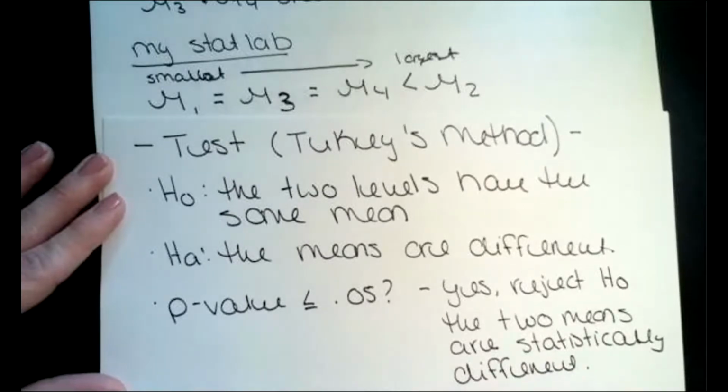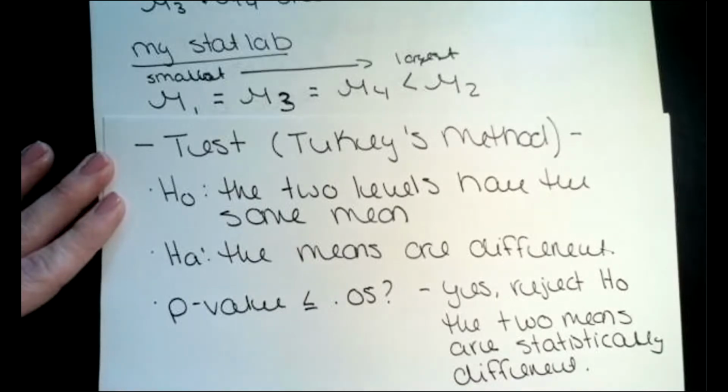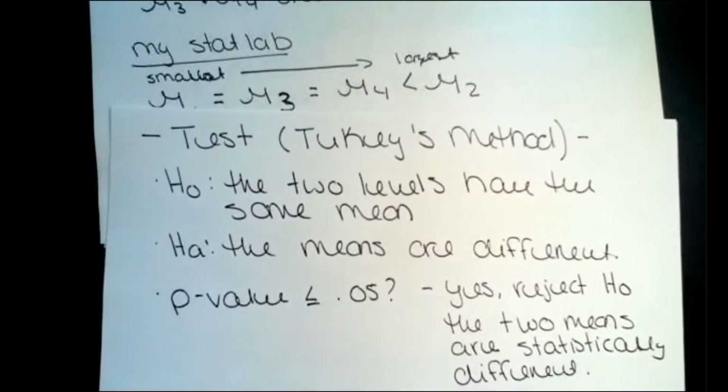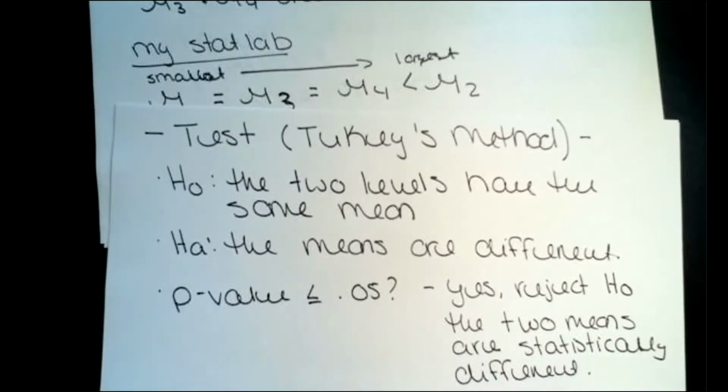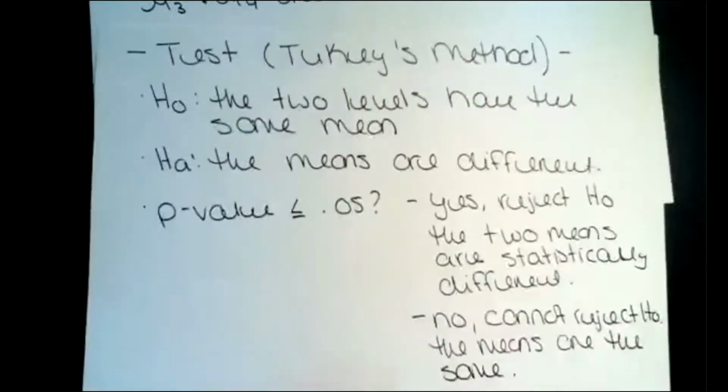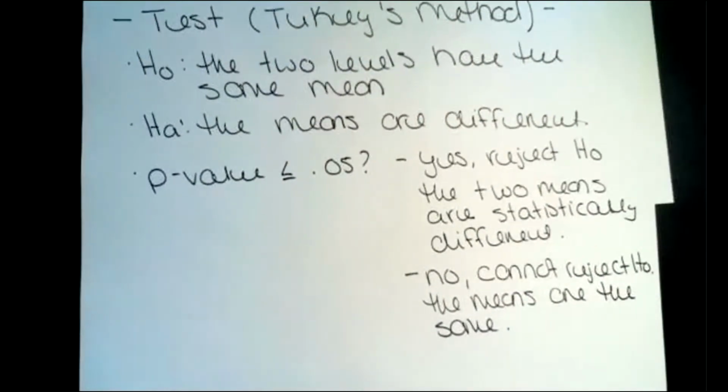If you answer no, that means you cannot reject the null. And if you can't reject your null, then it means the two means are the same, or you can say not statistically different. Okay, so that's what we're looking at.